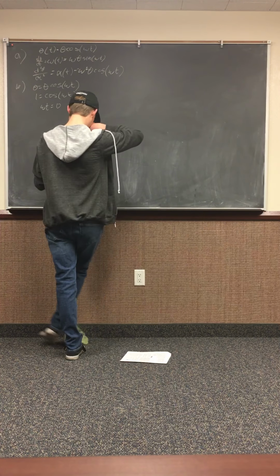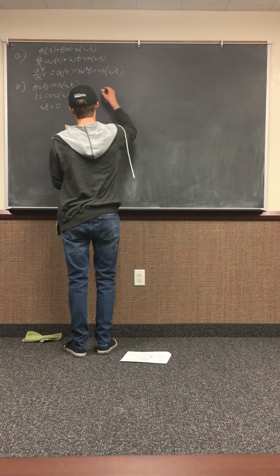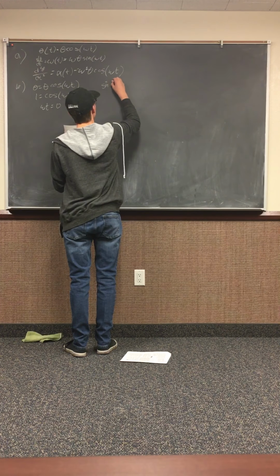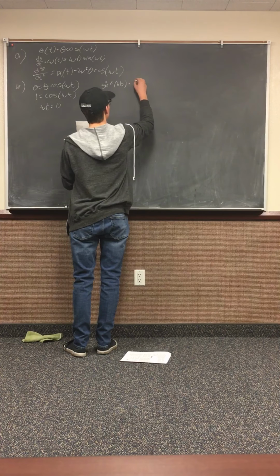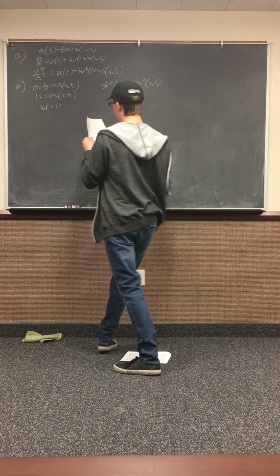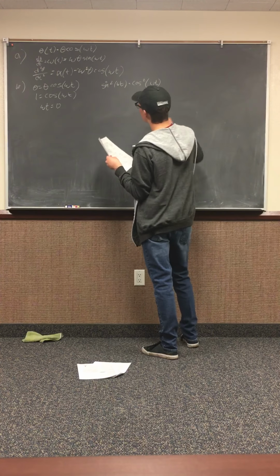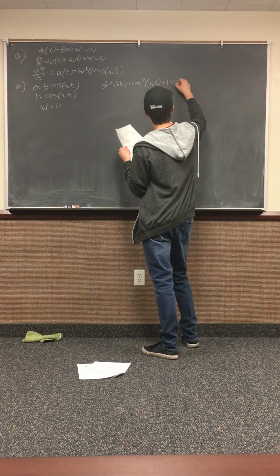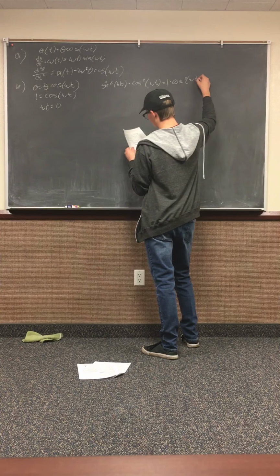Then we can say that since that's equal to 1, sine squared of wt plus cosine squared of wt equals 1, so sine squared of wt equals 1 minus cosine squared of wt.